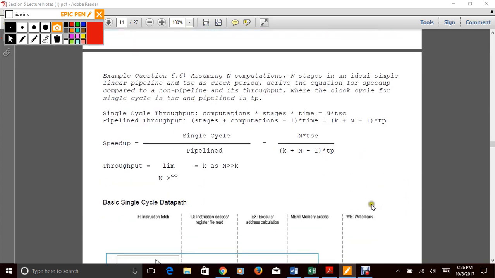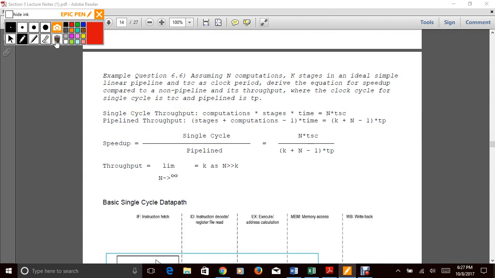So what we're going to have here is the total number of stages and time. Right now, in single cycle, each cycle only has 1. So it's the number of instructions times 1 times the time it takes for each cycle to execute. So that's single cycle throughput.